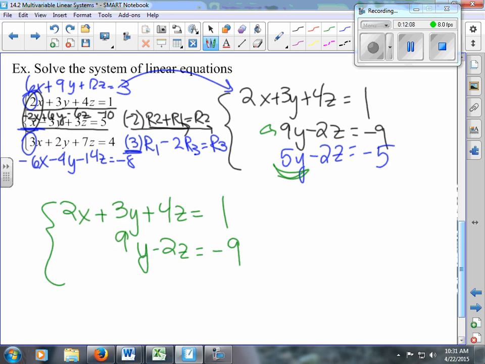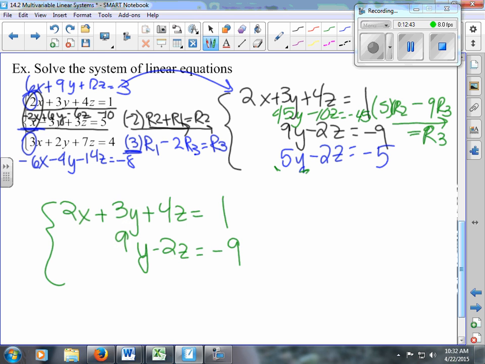Okay, again, this is not pretty because 9 and 5 are mutually prime. One does not go into the other. But I can multiply this. So what I'm going to do is I'm going to multiply 5 times the second one, and then subtract 9 times the third one, and that's my new third row, or third equation. All right, so that would give me 45y minus 10z equals negative 45.